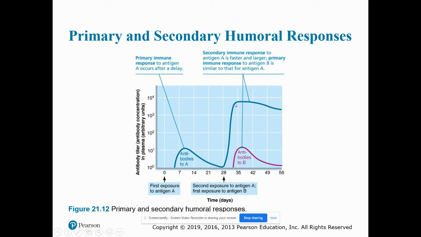And here we have, this is 4 weeks and it still hasn't tapered off. So the take home: secondary humoral immune responses are more rapid, and on top of that, produce more antibody faster, and the antibody will actually bind with greater affinity.